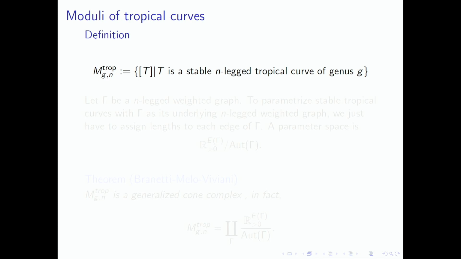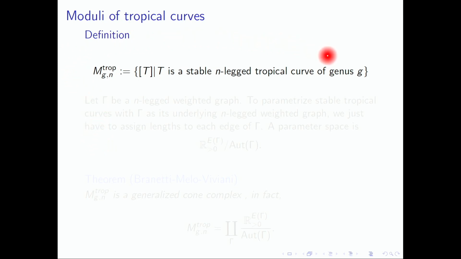So as I told you, I wanted to introduce a tropical analog of the moduli space of curves. I introduced the notion of tropical curve, and so it makes sense to introduce the set. So far it is only a set of classes of stable n-legged tropical curves of genus g.